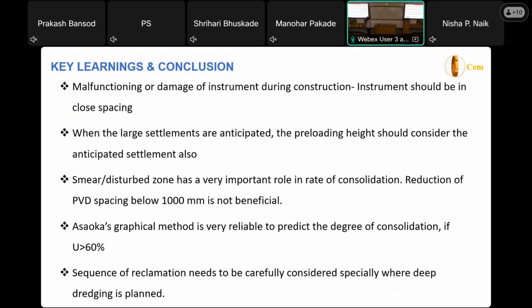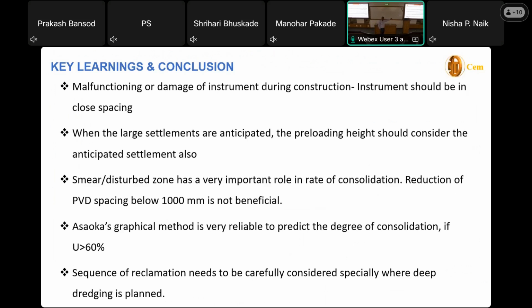The sequence of reclamation is very, very important, especially because deep dredging is there. Particularly this project had dredging, a water pocket dredging. So the dredging sequence and the reclamation sequence are very, very important. Suppose you do the reclamation first, and then once the structure is there you start dredging, then the whole thing will collapse.